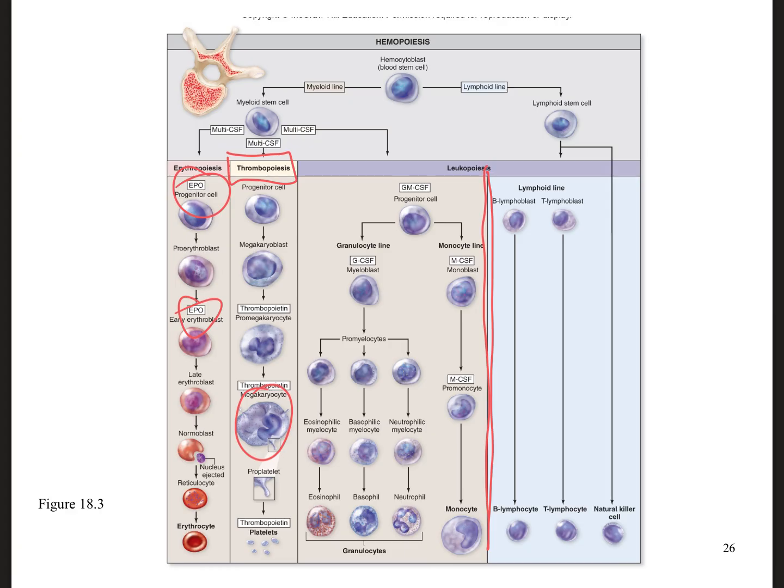Leukemia can be an overproduction of cells, where one of the cells in this lineage is growing too fast, and that leads to immature, ineffective, dysfunctional cells. Particularly, let's say a CML would involve red blood cells.